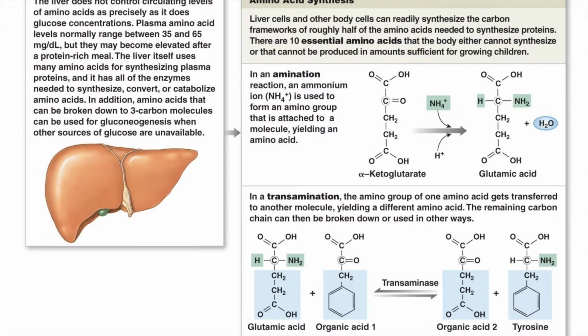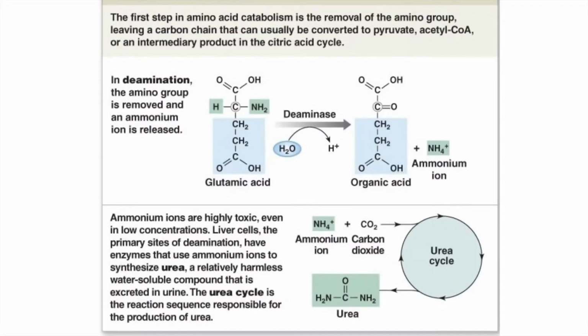Amino acids are used to produce new proteins, or they can be broken down for energy, or this shows how we can make amino acids, or sometimes we can convert amino acids. This is showing glutamic acid being converted to tyrosine, so they can be converted to different amino acids. And this shows how amino acids can be broken down for energy.